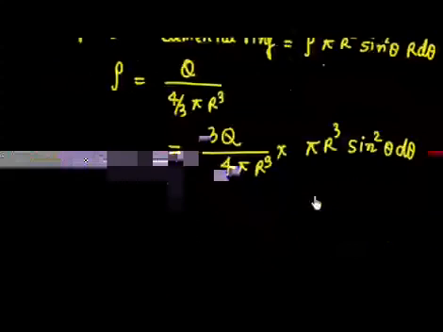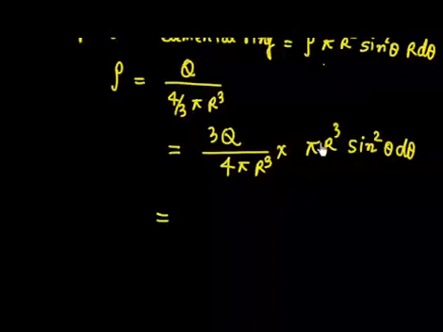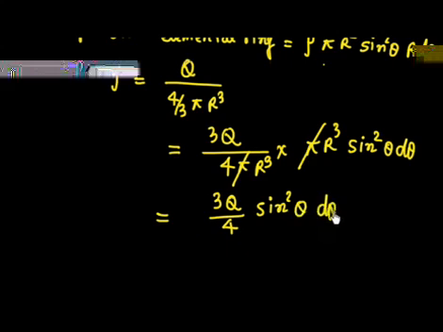So if I cancel out the terms, what will I have? This pi goes, R cubed also goes, so I will have 3Q by 4 sine square theta d theta.